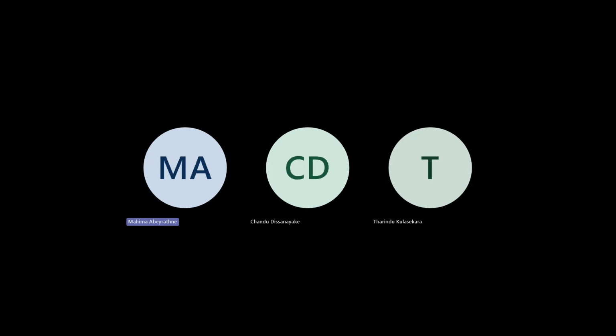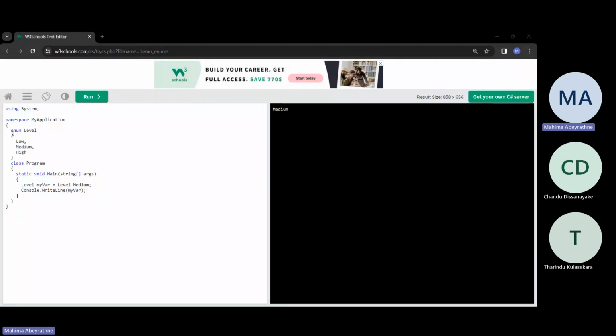Enum is short for enumeration, which means specifically listed. I will show you an example. Here I create an enum named Level with low, medium, high.